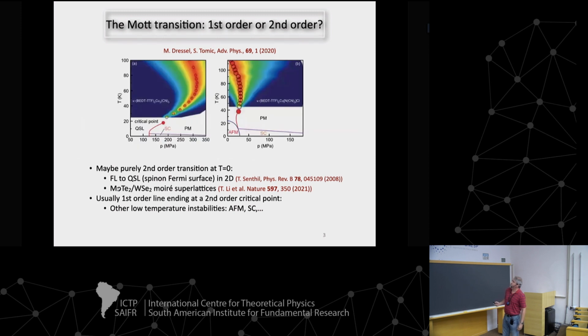So for instance, these are some examples. I think some of these were shown here, of organic materials where you do see this first-order line ending at a critical point. There's interesting physics up here. I may mention them in passing, but for now, just focus on this first-order line ending at the critical point at finite temperature.